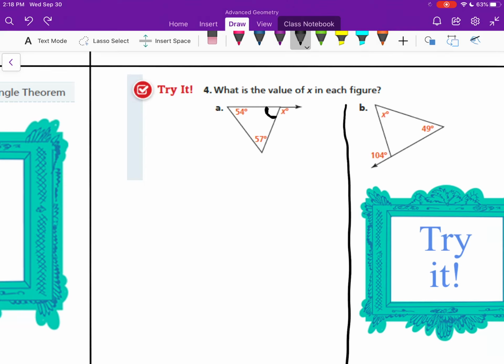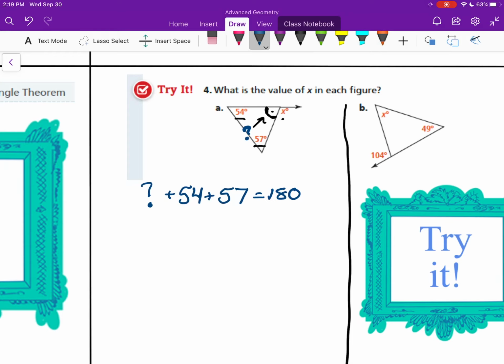And let's get started on trying to find our variable x. So how do we think we could find this? I don't know this variable and I don't know this, but I do know that this is 54 degrees and this angle is 57. So using what we just learned, I can find that interior angle. So let's do it. We don't know what it is, some mystery unmarked angle, but that angle plus 54 plus 57 needs to equal 180 degrees because it's the 3 angles from the triangle.